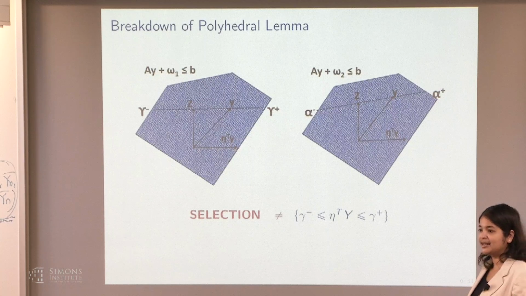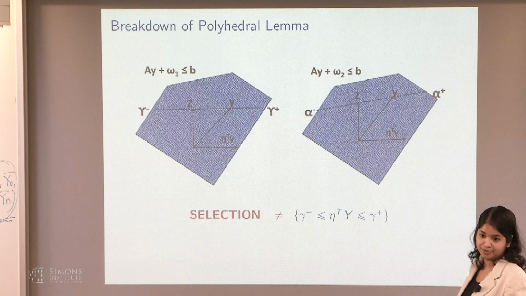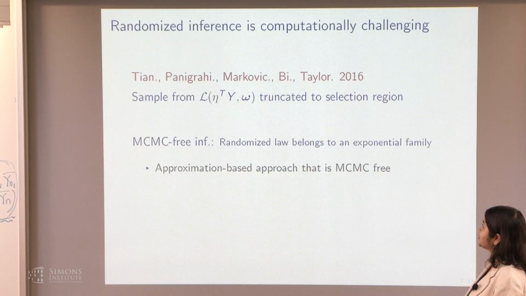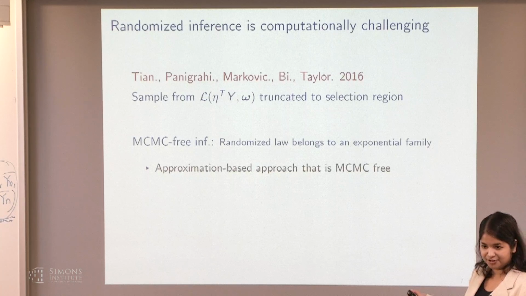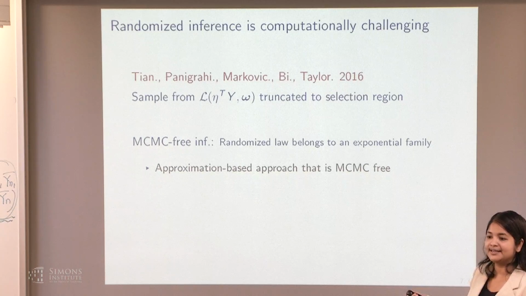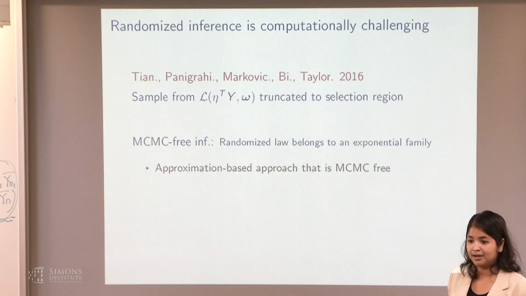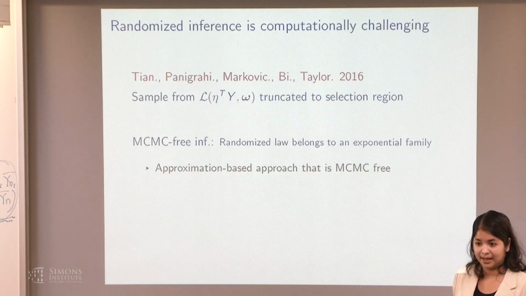So the polyhedral lemma of Lee basically breaks down here. So what's natural here, you might say, is that we might run a sampler from the law of eta prime y and omega truncated to the selection region. So I have a selection region which is basically a polyhedral region. So I can instead run a sampler because I don't have an exact pivotal quantity anymore since the polyhedral lemma doesn't apply.